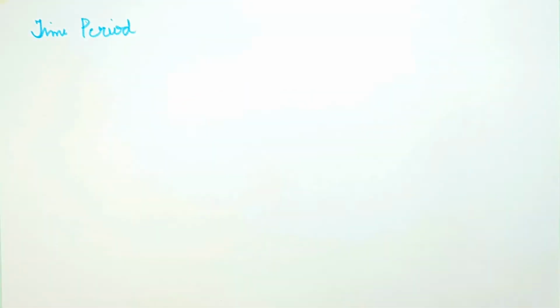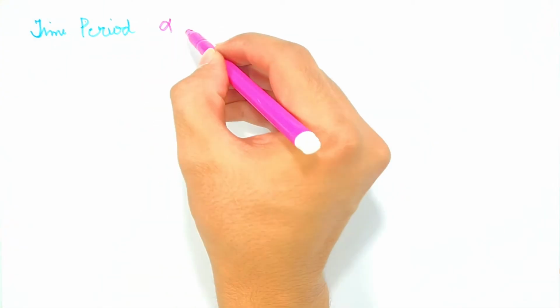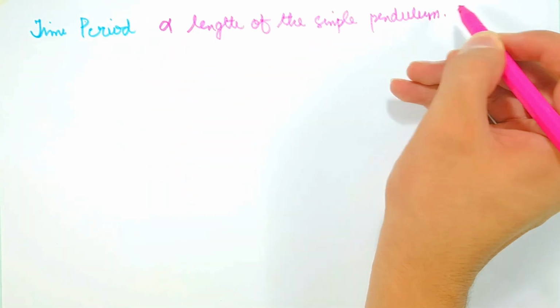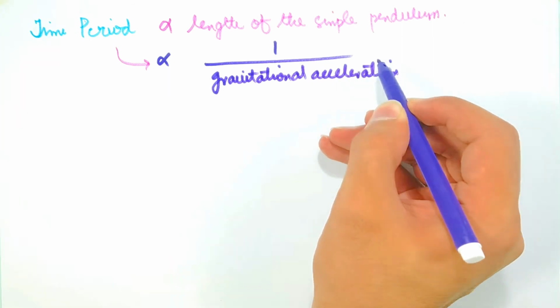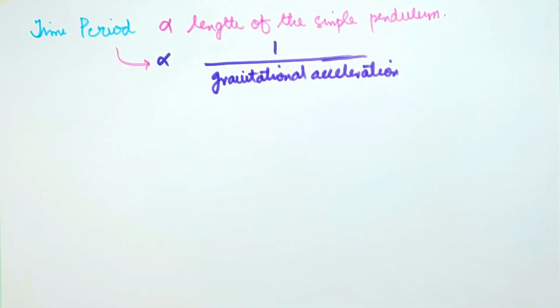Hence, we can say that the time period of the simple pendulum directly depends on the length of the string. When the length increases, the time period will automatically increase, and vice versa. And it is also inversely proportional to the value of g, which is acceleration due to gravity. The greater the gravitational acceleration g, the lesser will be the time taken by the pendulum to oscillate and vice versa.